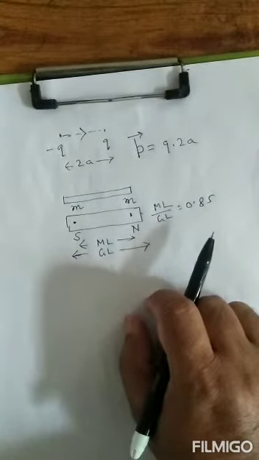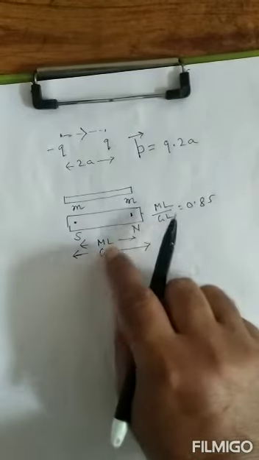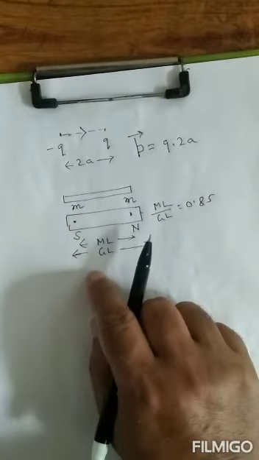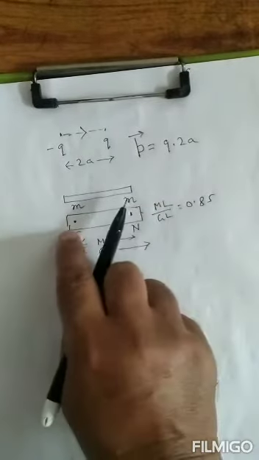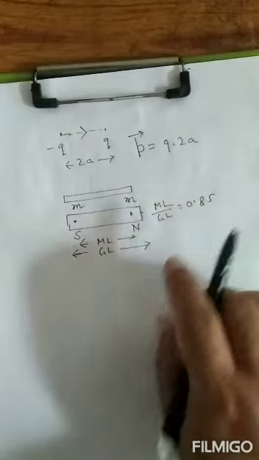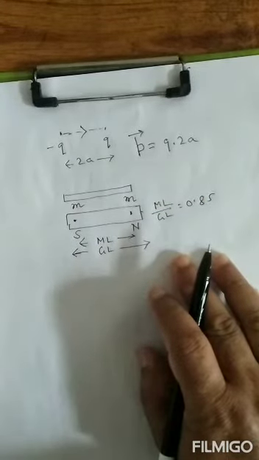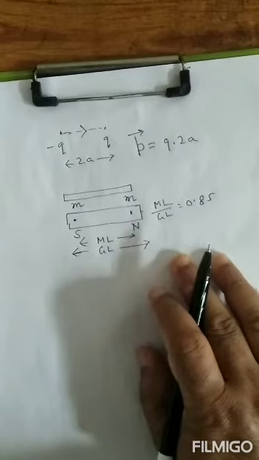The ratio of magnetic length to geometrical length is 0.85, and we can measure this ratio experimentally.